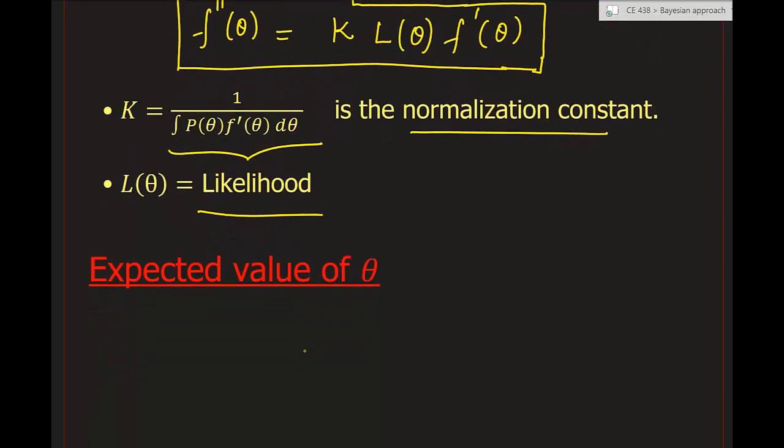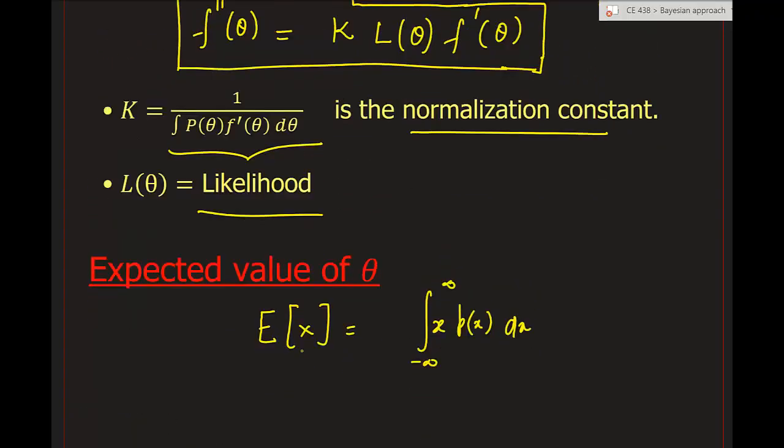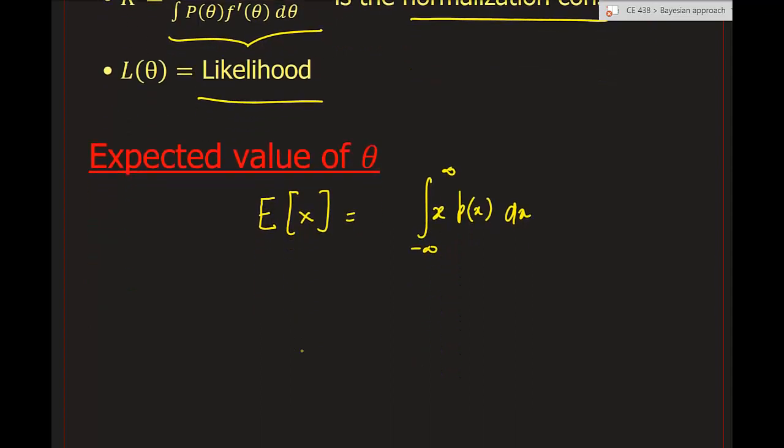We can also calculate the expected value of the posterior distribution, or the posterior parameter theta. So we can write theta double dash, and the corresponding expected value is written with a hat in this case.